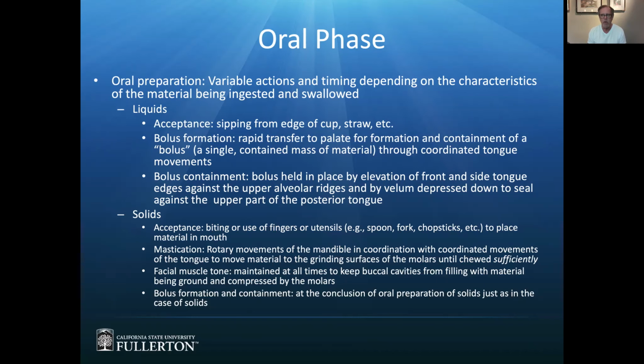If you don't have tone there, as in the case of strokes, where you see somebody with, for example, a right hemiparesis and a right facial droop, they will tend, as they chew and as they grind, the material goes both back in toward the center of the mouth and out to the buccal cavities.